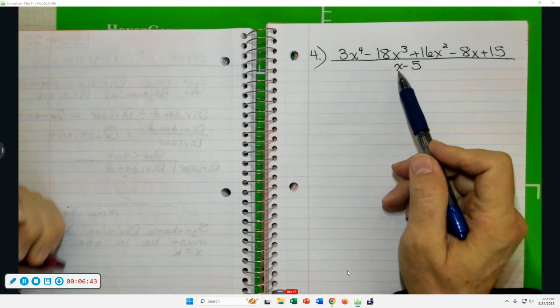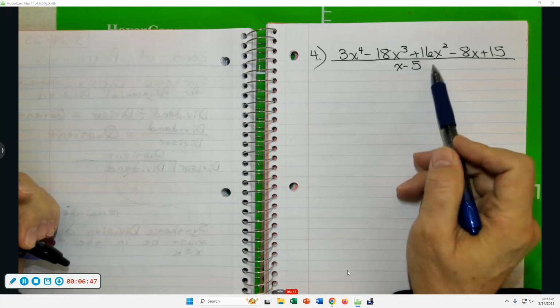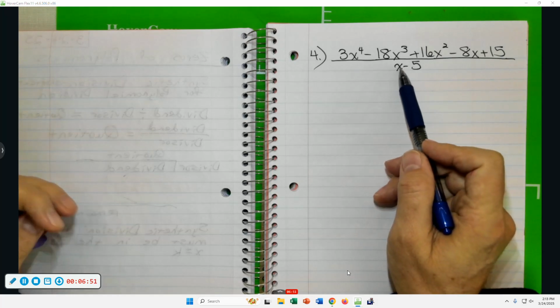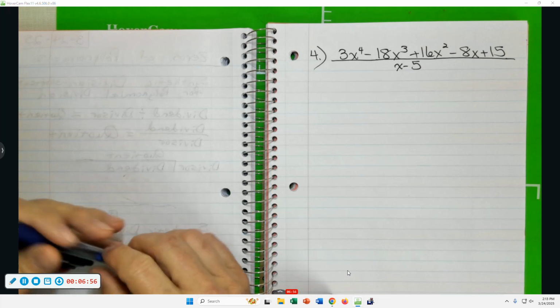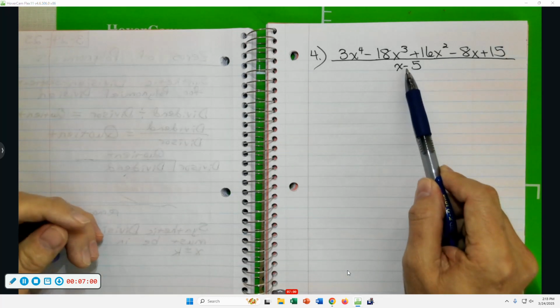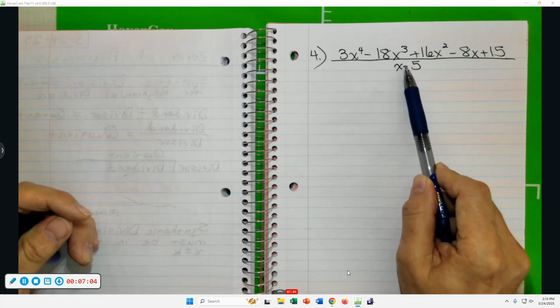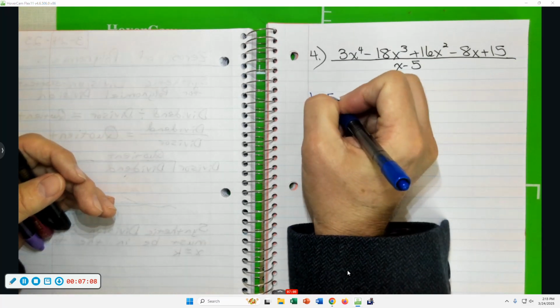The k-value is the number you would plug in for x to make the denominator 0. Positive 5. The k-value is just the opposite of the number you see in the divisor. You see a negative 5, so your k-value is a positive 5.